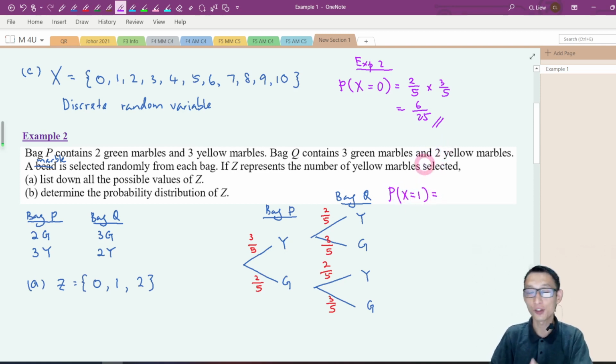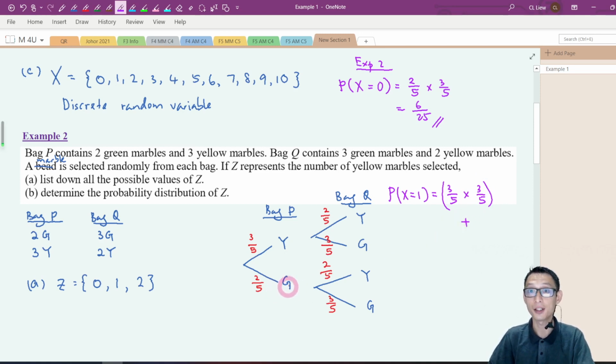Now, how about probability of getting 1 yellow marble? So this time you have to be more careful. It can be yellow, green. It can be green, yellow as well. So we have to find the sum between these 2. So for yellow, green, it will be 3 over 5 times 3 over 5. This is 3 over 5 as well, right? Okay, yes, correct. 3 over 5.